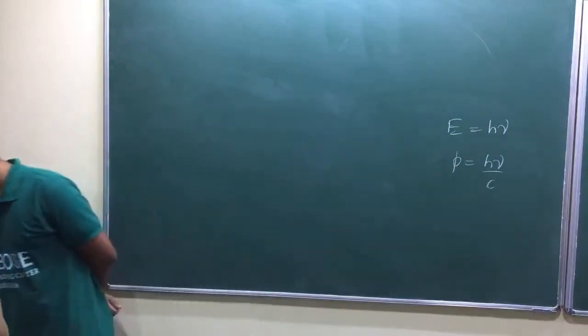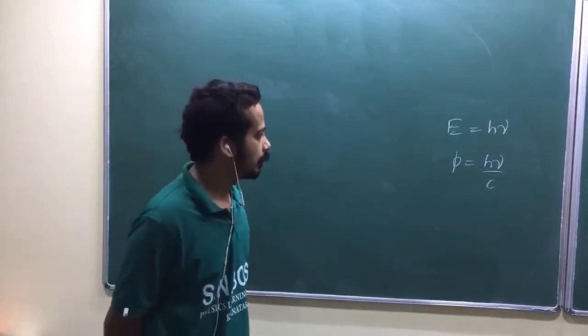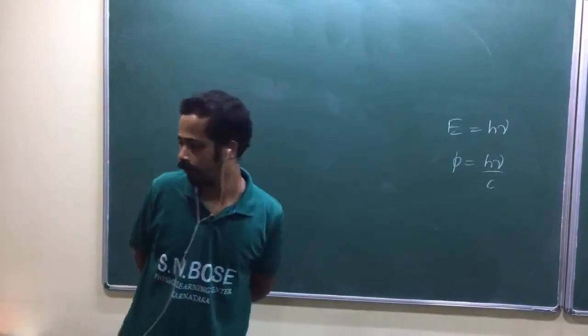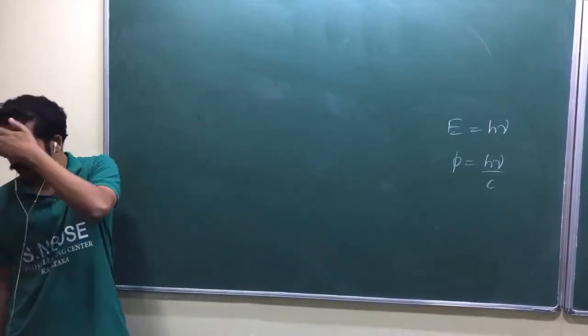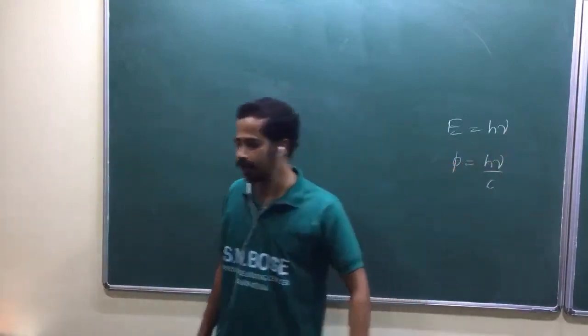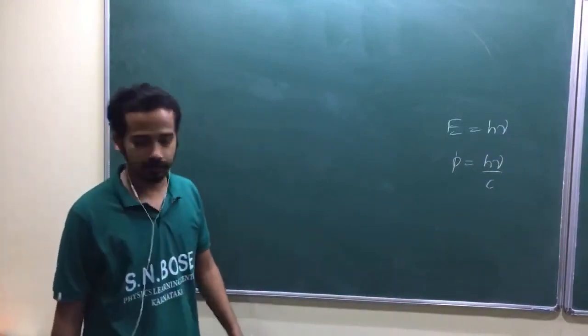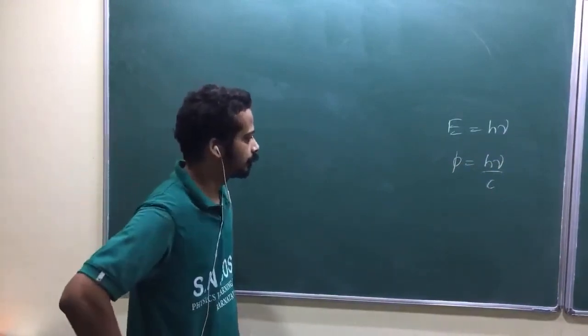We can explain the whole story of the photoelectric effect using photon theory. One more important part is that frequency decides the energy of the photon, and intensity is proportional to the number of photons crossing per unit area. Those are the concepts.